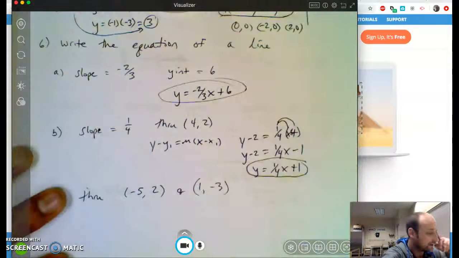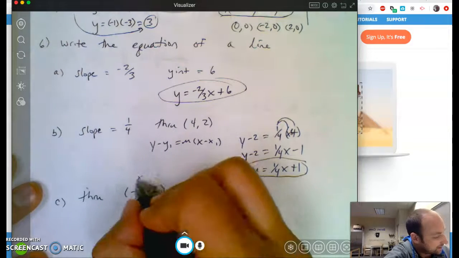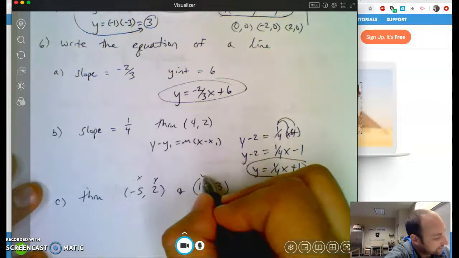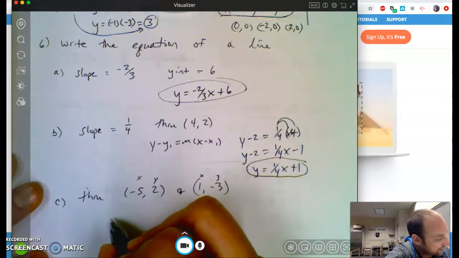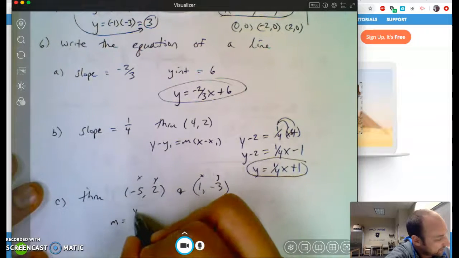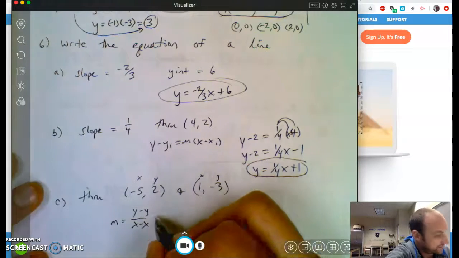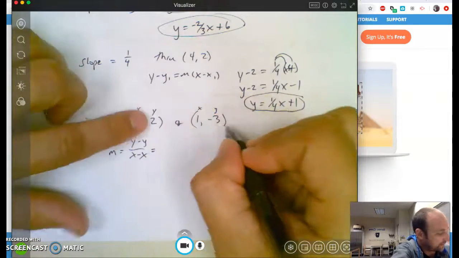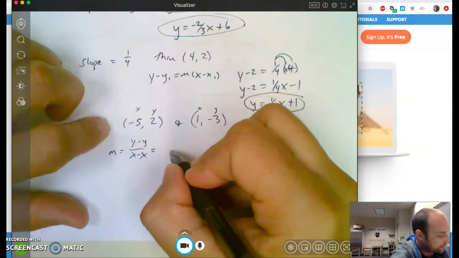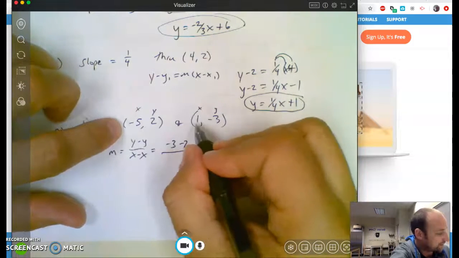And then last but not least, you have this problem where you got to find your slope first. Make sure when you do your slope, you do the y's over the x's. So on here, I'll start over here. -3 minus 2, that's y minus y, over x minus x.